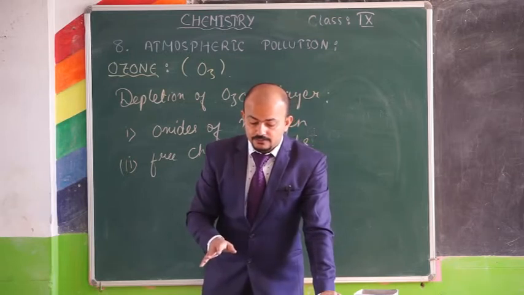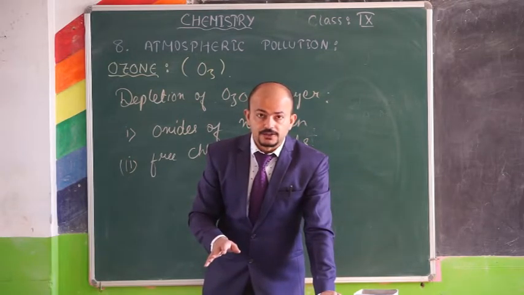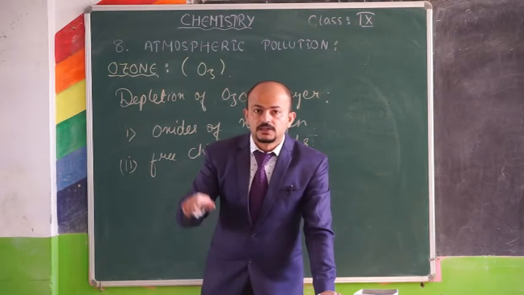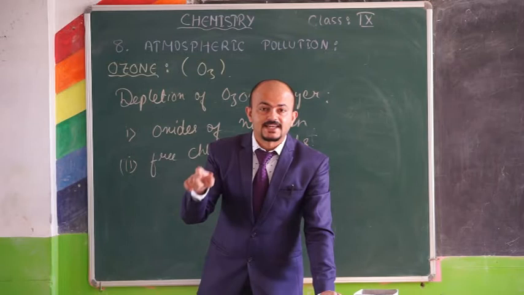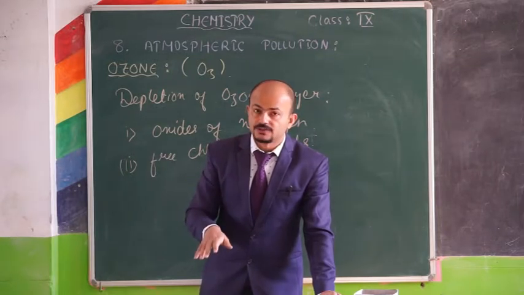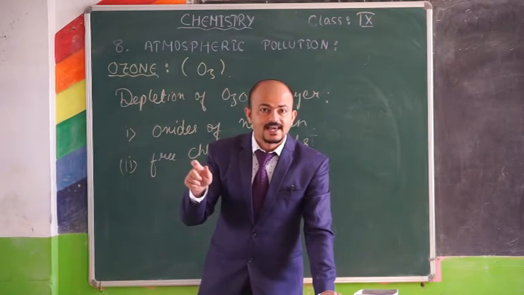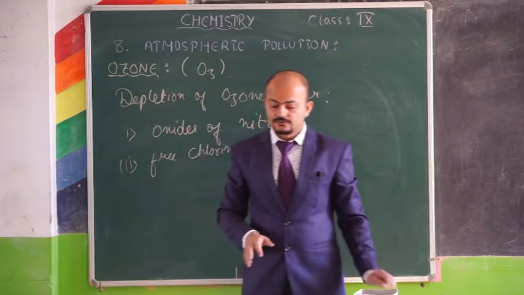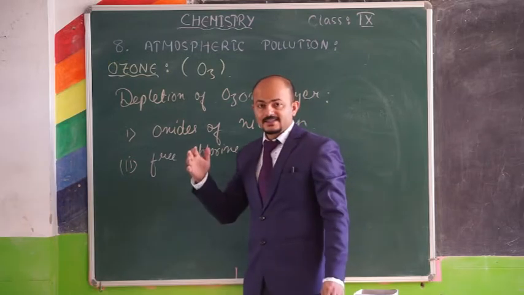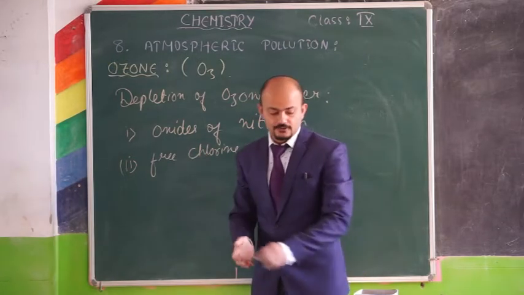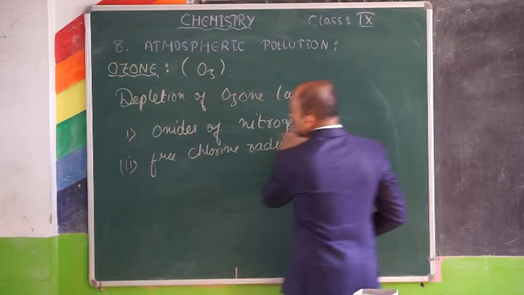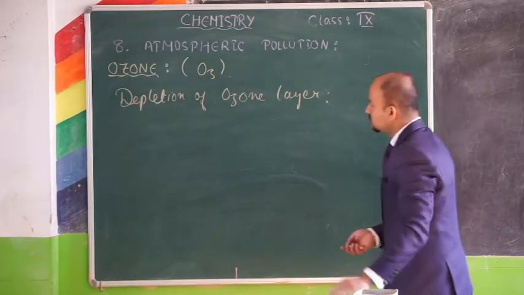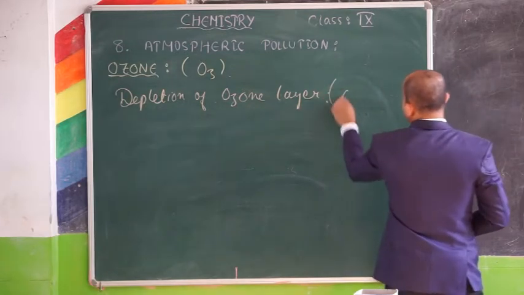Now, the chemicals responsible for destruction of the ozone layer. From this particular topic, you have to know the names of these chemicals. You don't have to remember the equations, just the names of the chemicals and their formulas. The first one is the excessive use of chlorofluorocarbons. So CFCs are responsible for depletion of the ozone layer.